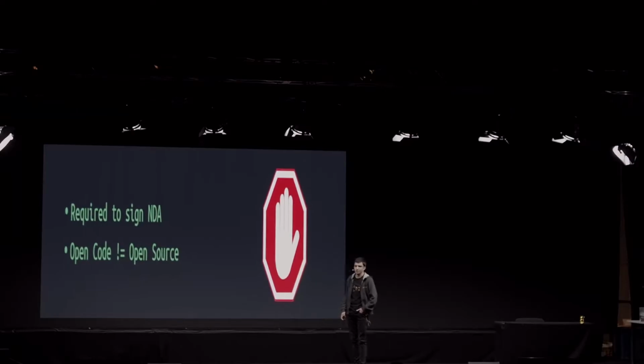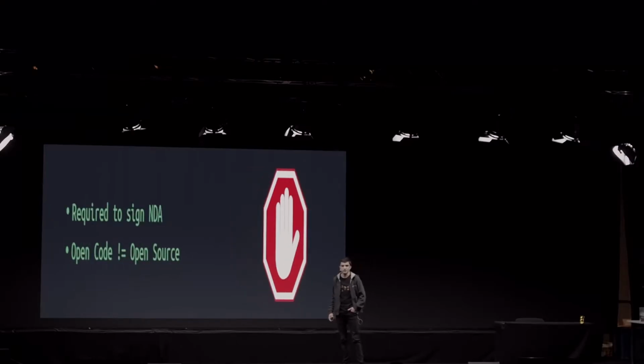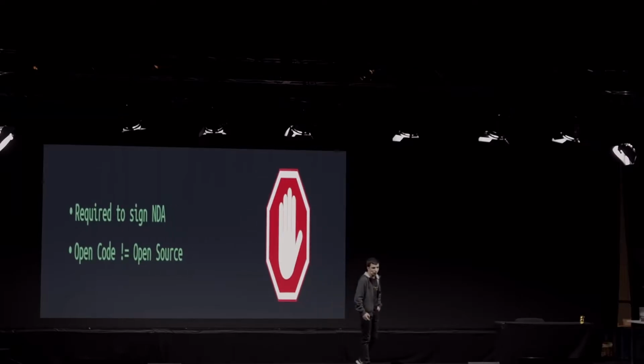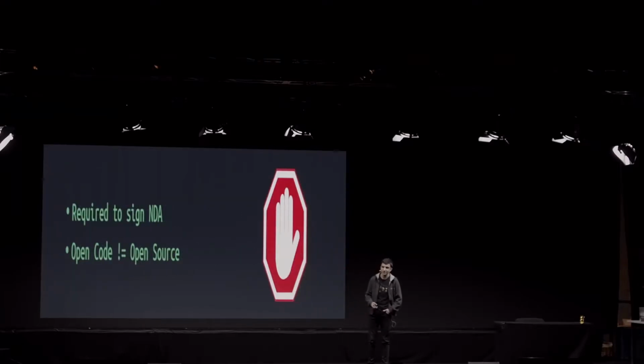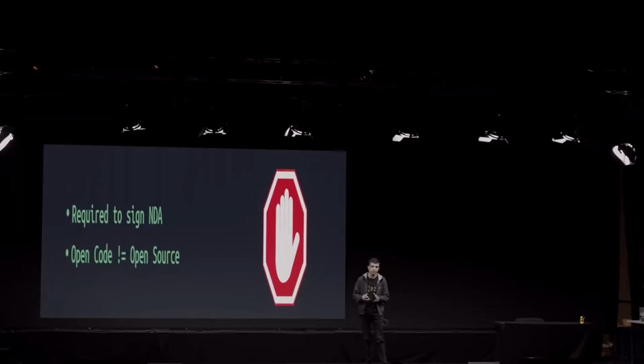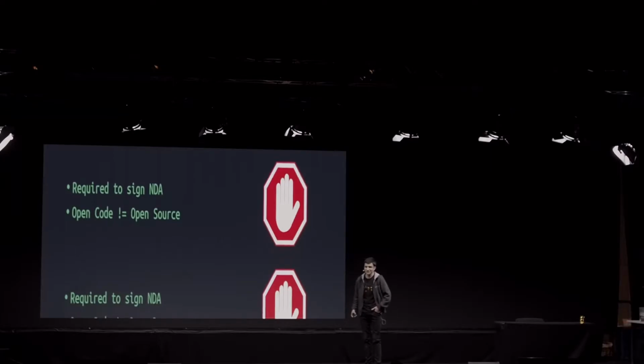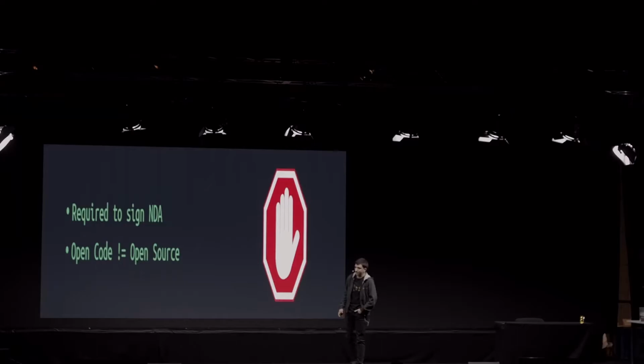This struck me as odd because I thought the code was supposed to be open source. However, the Swisspost introduced open code, which is basically releasing a snapshot of the code under an NDA. So the code is public, but it's not really open source, not at all. So yeah, nevertheless, we signed up for it because we wanted to test the code.